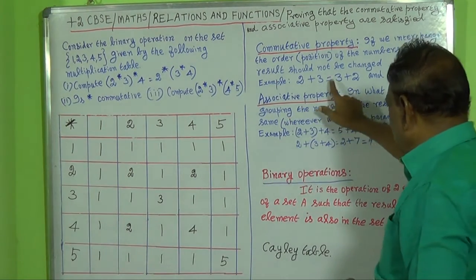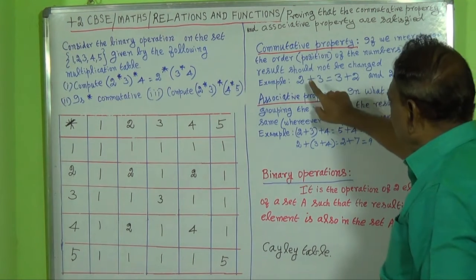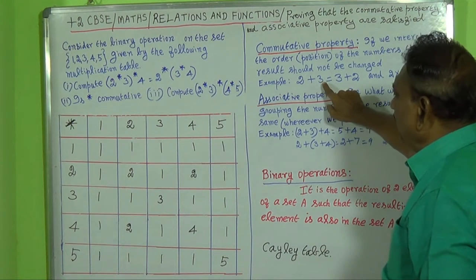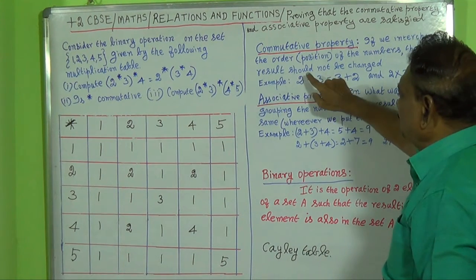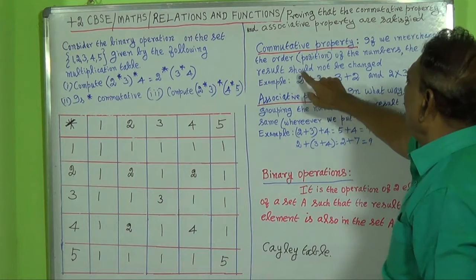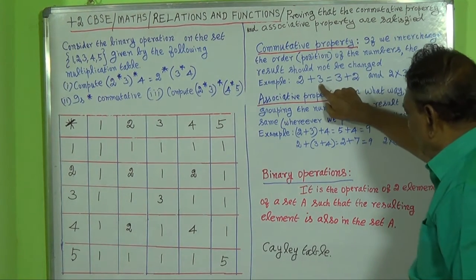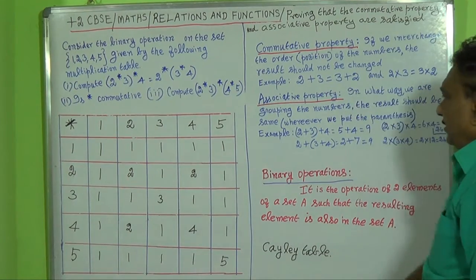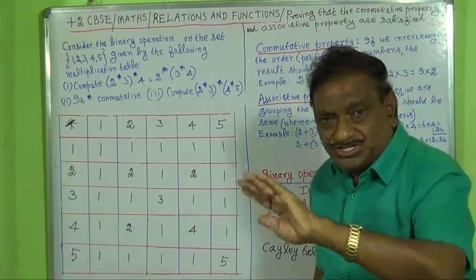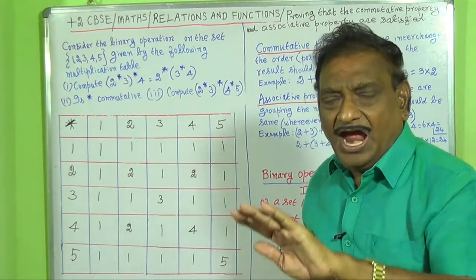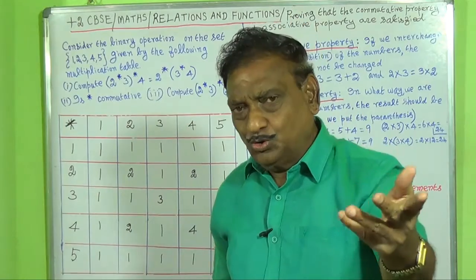In this equation, we are interchanging the position of the numbers. In the place of 2, we write 3, and in the place of 3, we write 2.